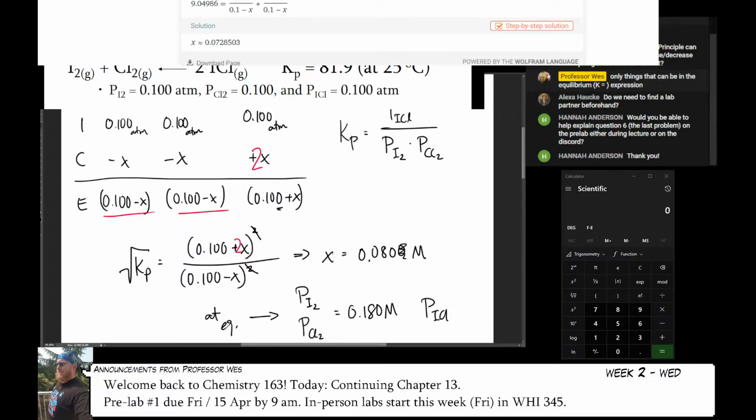Okay, so let me make sure that captured the right number. So there, I updated the equation, and I got 0.0728 for that, which we're going to erase. I said erase. There we go.